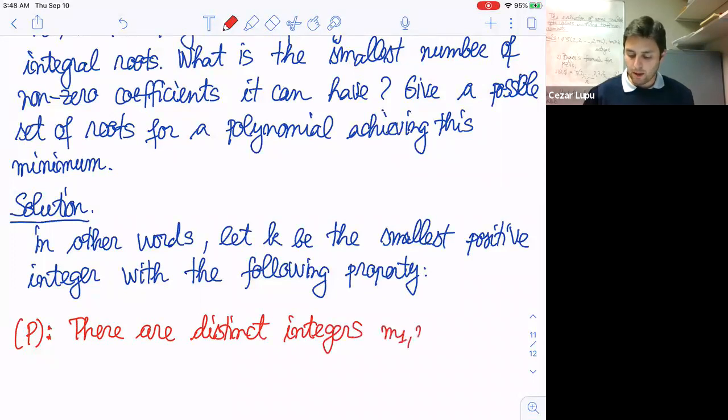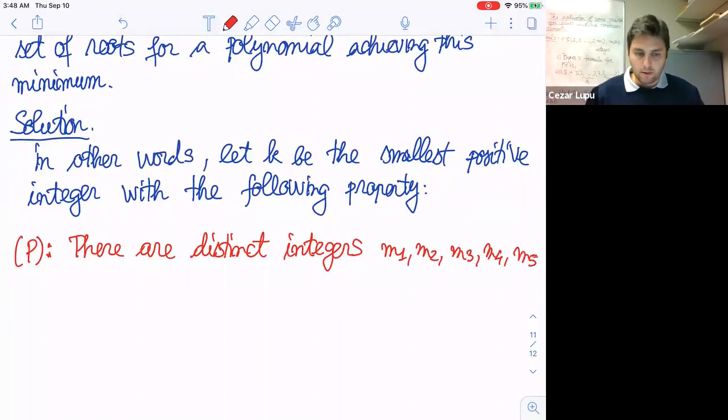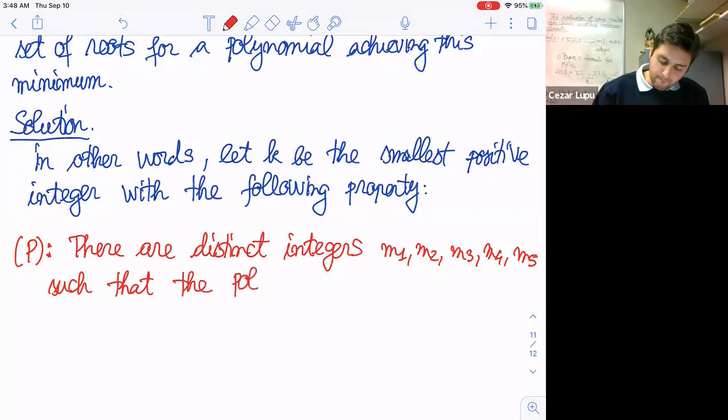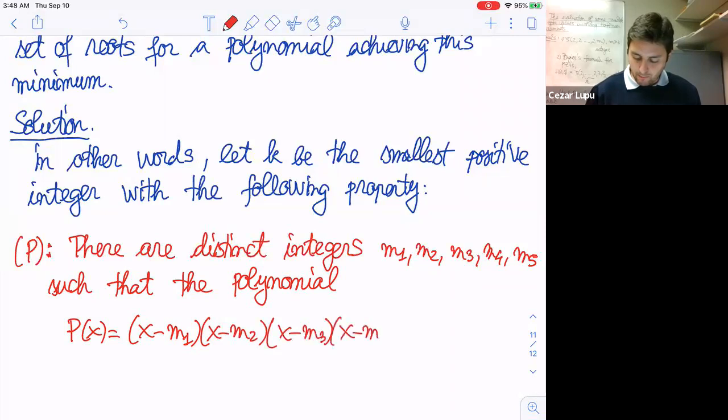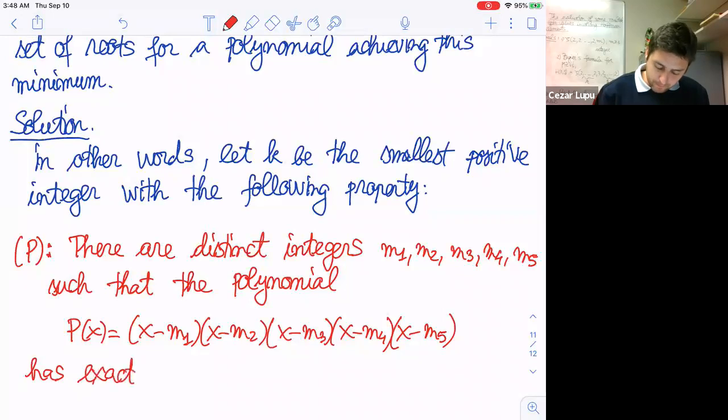Let's call them M1, M2, M3, M4, and M5, such that the polynomial P of x, and we're going to write this in the following way, it's x minus M1 times x minus M2 times x minus M3 times x minus M4 times x minus M5, right? Has exactly k non-zero coefficients.